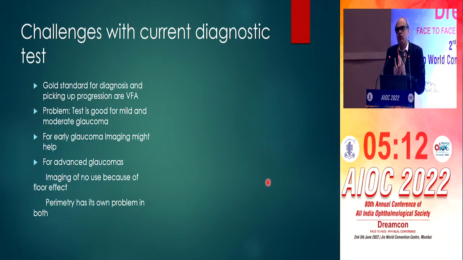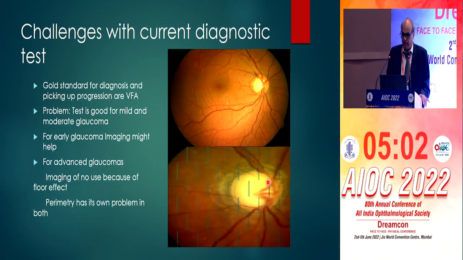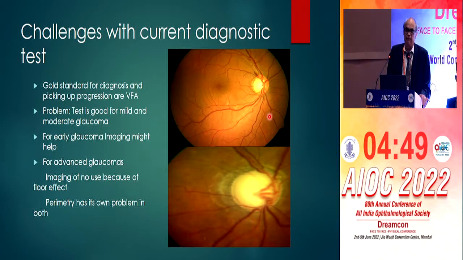So you are left only with your gold standard perimetry, but there are also n number of challenges in monitoring these glaucomas even on perimetry. Why? That you would be knowing. This is a very early glaucoma, very easy to monitor, and I'm sure that if the compliance is good, then this patient will never end up in blindness.